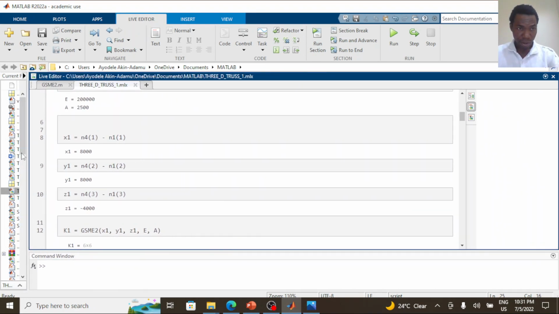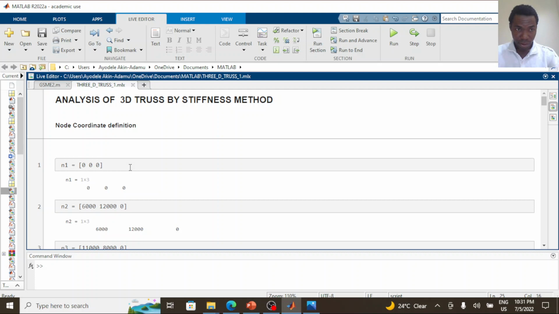I'm on the Matlab working environment now. The first thing we need to do is define the coordinates of each node in our problem.